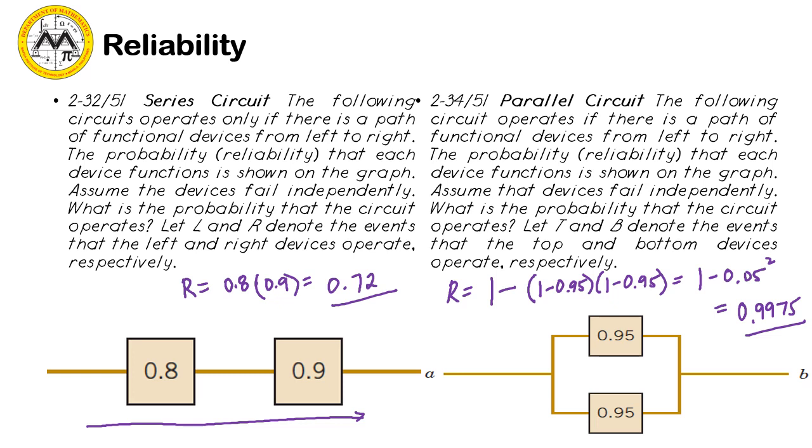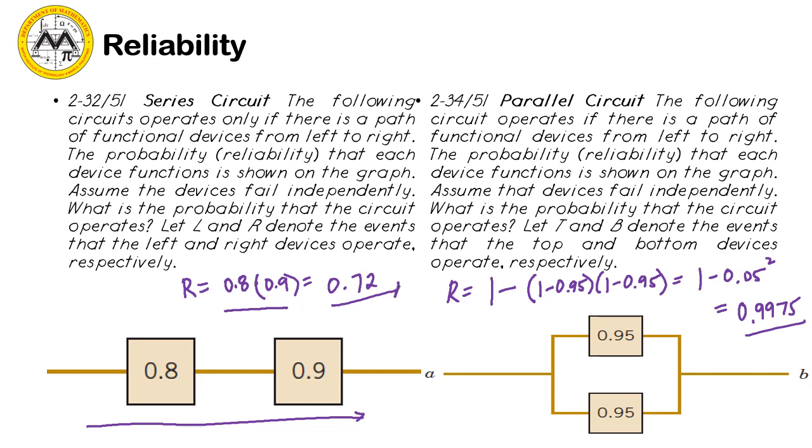So observe that if you have two reliable events, the series operation between these two events would be lower than the reliability of either of the two.